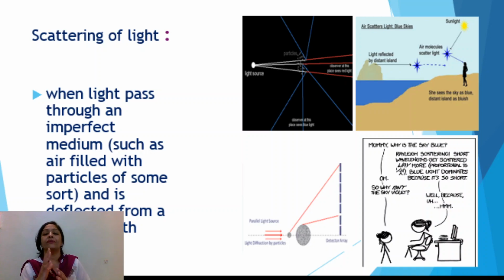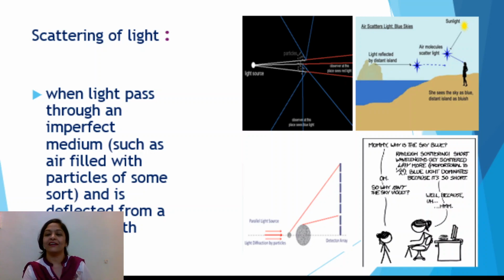And now we know that there are 7 colors of light, isn't it? And each color has its own wavelength. We know very well that red light has more wavelength than the respective colors. So blue color has less wavelength and red color has more wavelength.